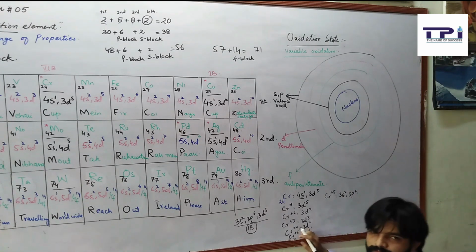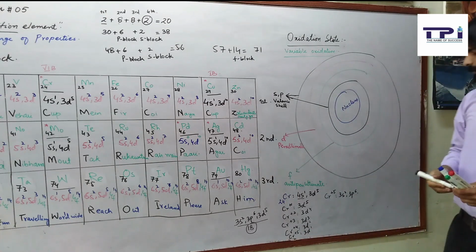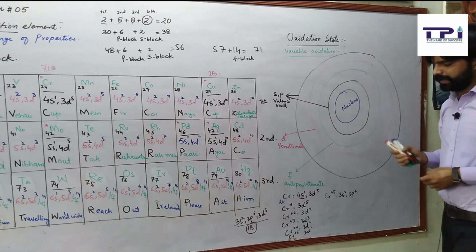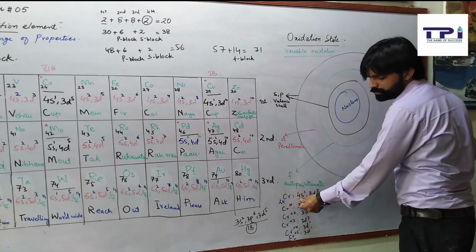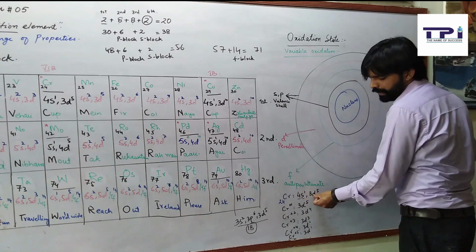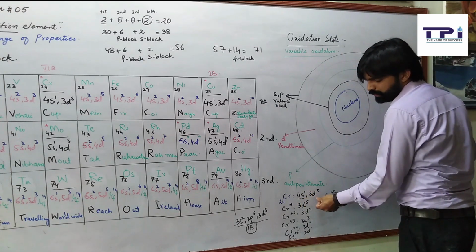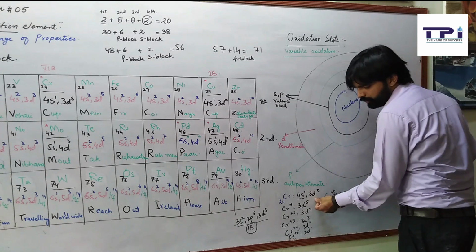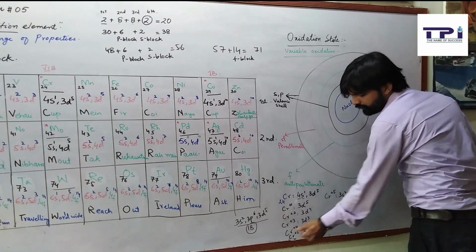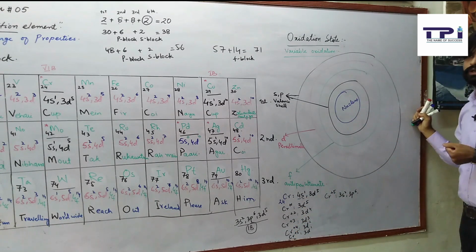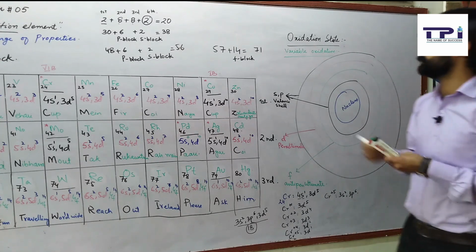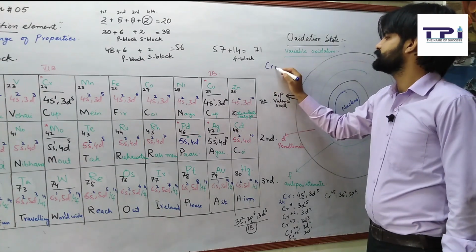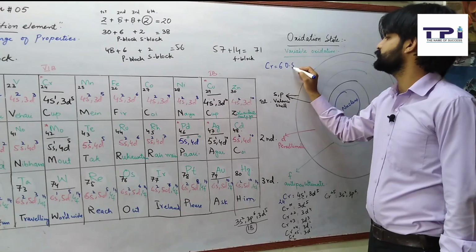Now it is stable. So you have to memorize that initially electron loses from the outermost shell, then a penultimate orbit. Due to this penultimate orbit, chromium has variable oxidation state. The most number of oxidation states are in chromium, and chromium has roughly 6 oxidation states.